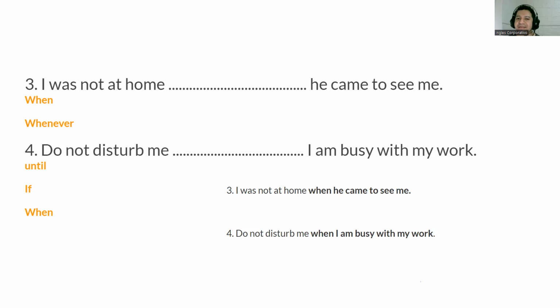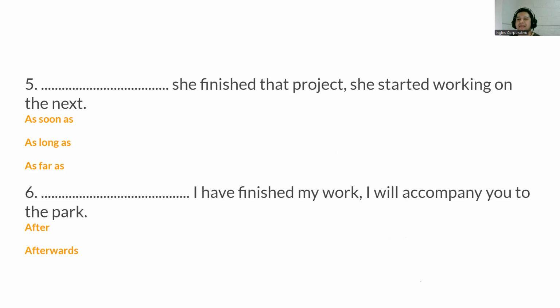Very good, perfect. Number 5: as soon as, as long as, or as far as she finished that project, she started working on the next. Which one is the best option?